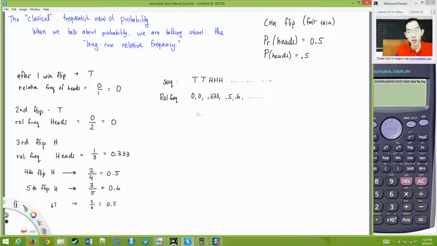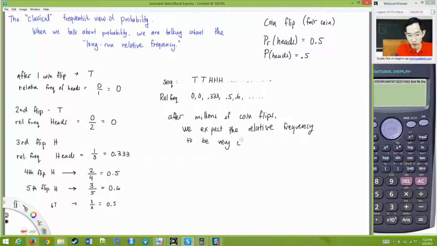But in the long run, okay, so after, let's say, millions of coin flips, we expect the relative frequency to be very close to 0.5.